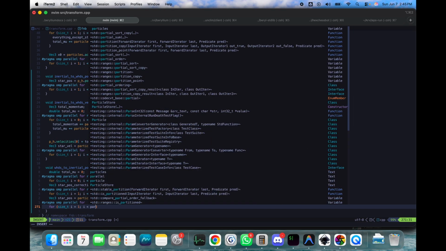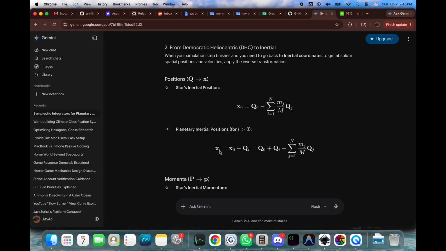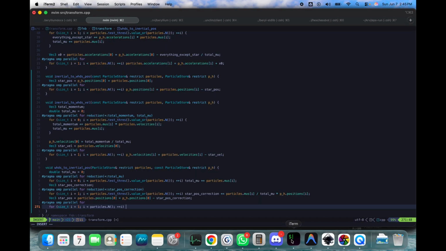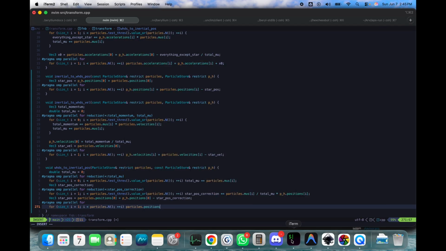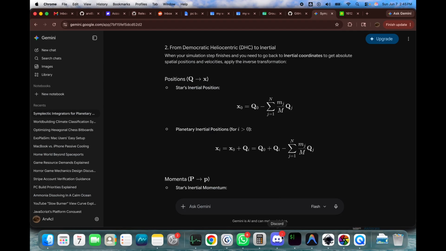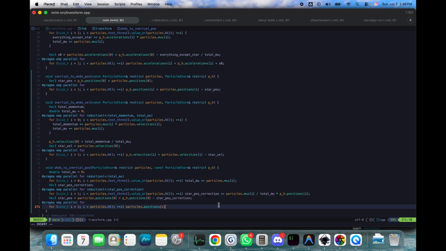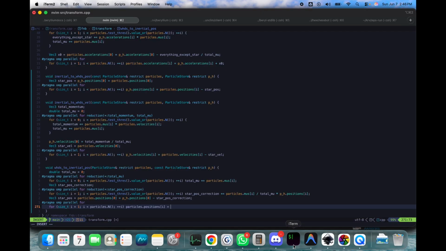I is less than particles.n plus I, and xi, aka particles.positions index I, should equal x0 plus qi.